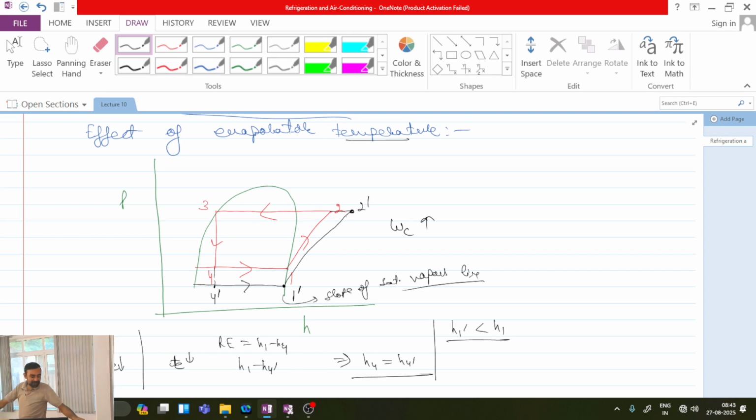But here our task is not solved. One interesting point has happened: when I moved from point 1 to point 1 dash, what happened to the temperature of the refrigerant? The temperature of the refrigerant has decreased. So when the temperature of the refrigerant decreases, what happens to the specific volume?